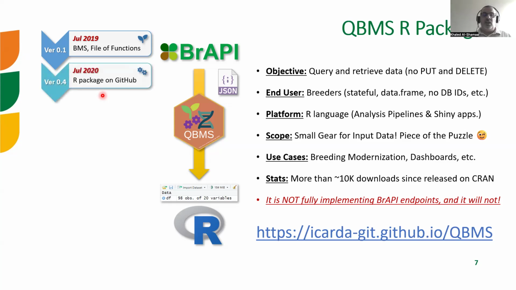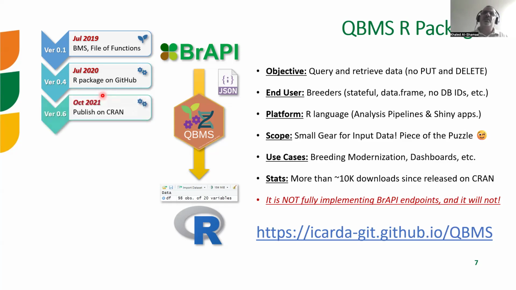Then, after a year, in July 2020, after working with some colleagues outside of ICARDA, we found that this kind of functionality might be useful for other people, not only for our people in-house. So why not provide it as a public good on the internet for whoever may need it? So in July 2020, we made it available on GitHub under the GPL license. So it's open source. And that was version 0.4.